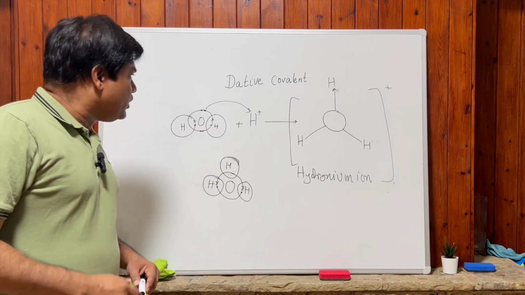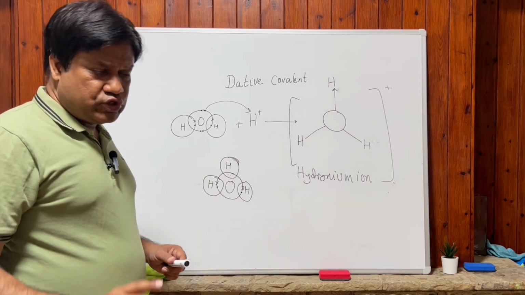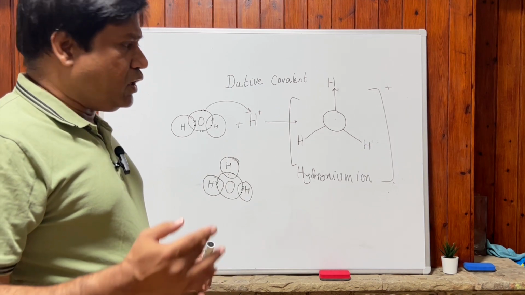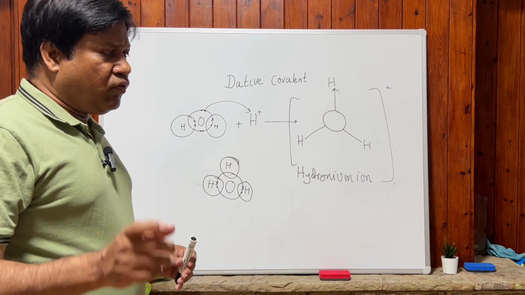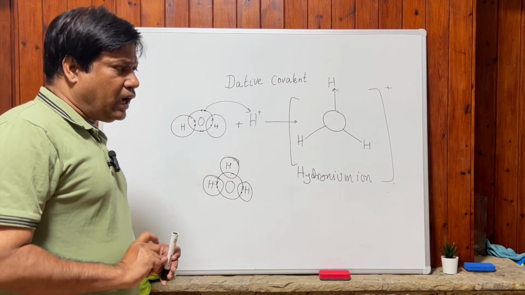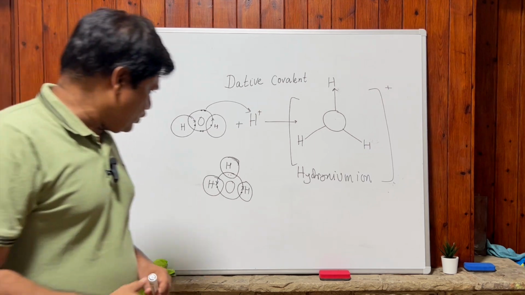A dative bond is a type of covalent bond in which one of the bonded atoms donates the shared pair of electrons.